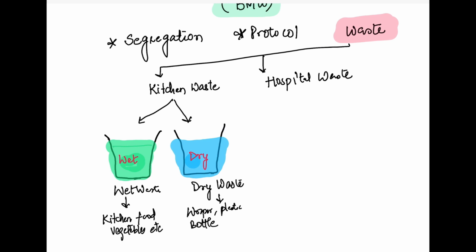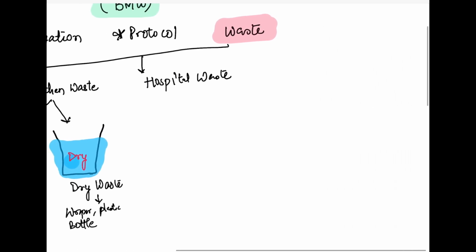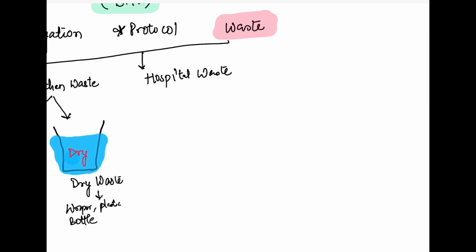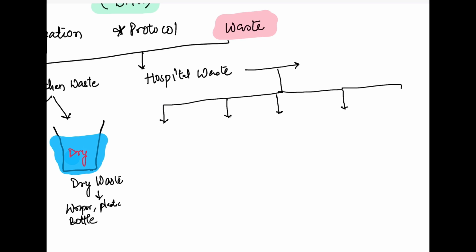Let's talk about the very important one, the hospital. The hospital waste is divided into these many buckets: 1, 2, 3, 4 and 5. Let me write their names first. The very first is the yellow bin, then the red bin, then the blue bin.